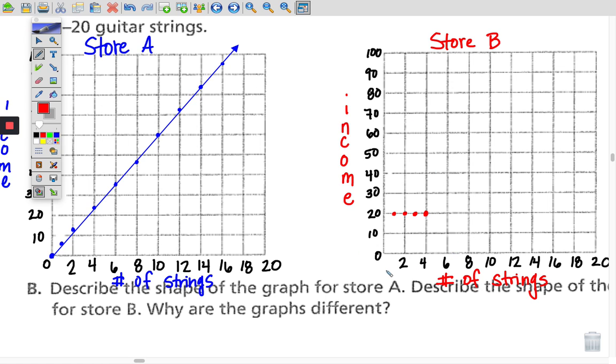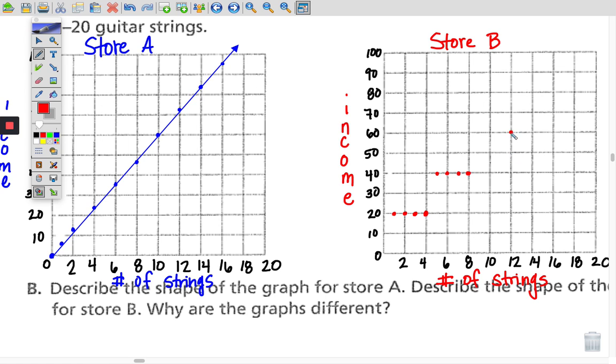Alright, so if they come in packages of 4, after a pack of 4, I would have to go to a pack of 8, or 2 packs of 4, would be 8 strings, and that would be $40 since they're $20 each. Alright, if I had to buy 3 packs of 4, I would have 12 sets of strings.